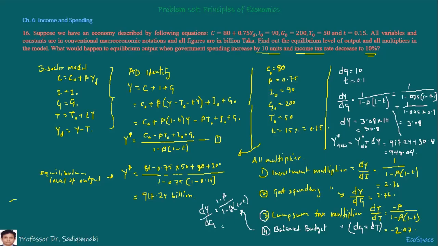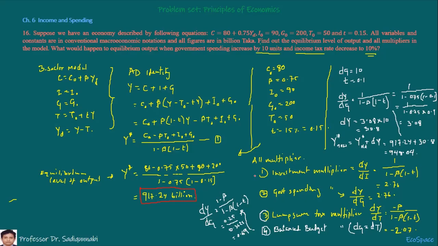Inserting the values of beta and small t, we find 0.25 divided by 0.3625, which is equal to 0.69.